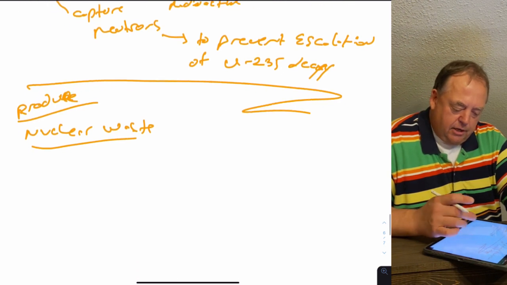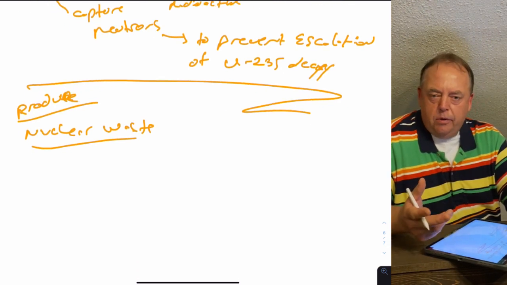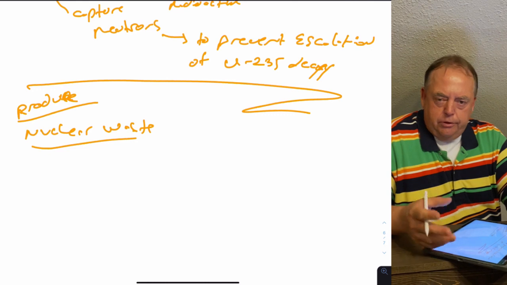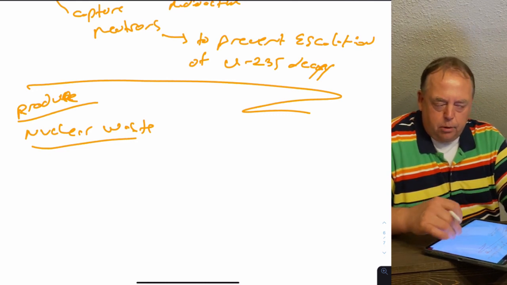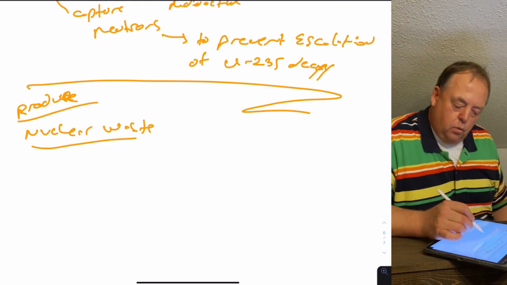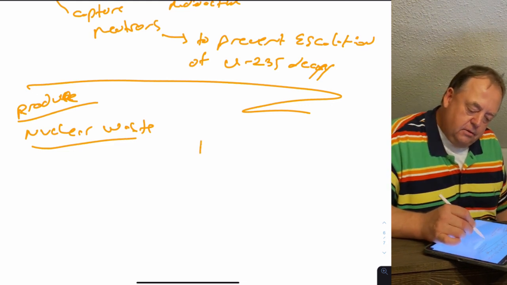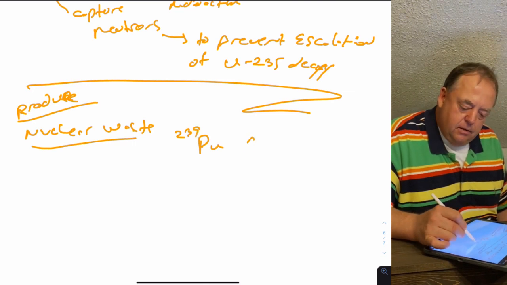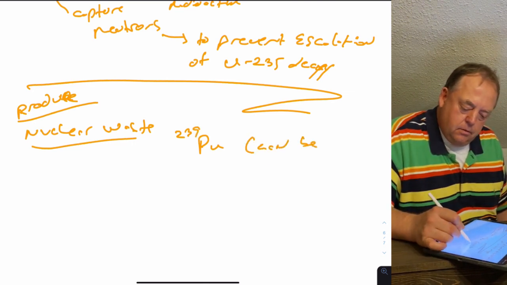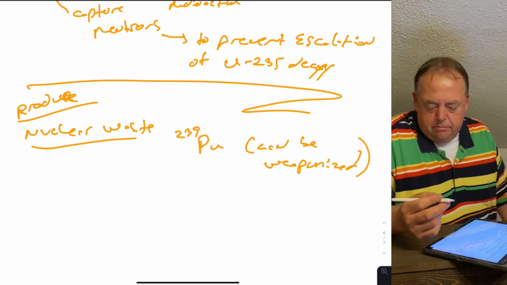There are some countries like France that reprocess the nuclear waste. Basically, they reuse it. The downside to that is that one of the products of the nuclear waste is plutonium-239. And it can be weaponized.